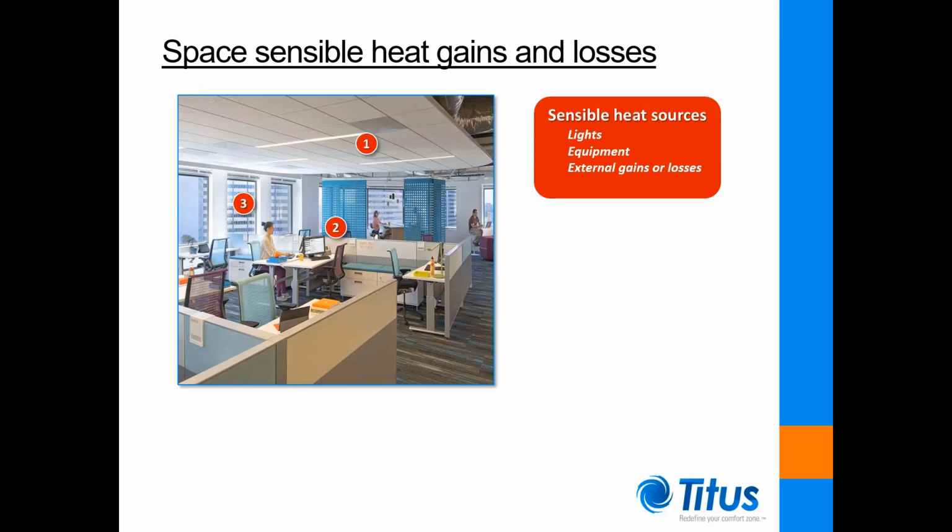External walls and windows allow sensible heat transfer to or from the space. Infiltration or exfiltration through building components transfers sensible heat as well. Occupants give off sensible heat through respiration and other metabolic functions. All of these sensible heat gains affect the space dry bulb temperature.